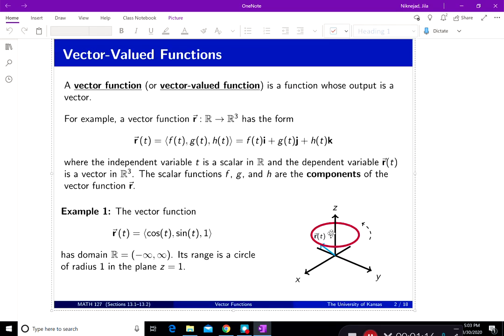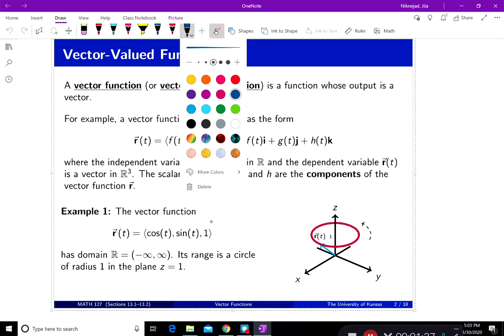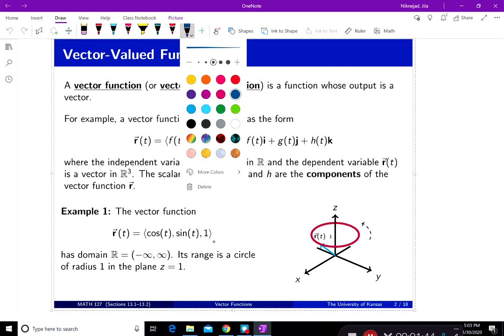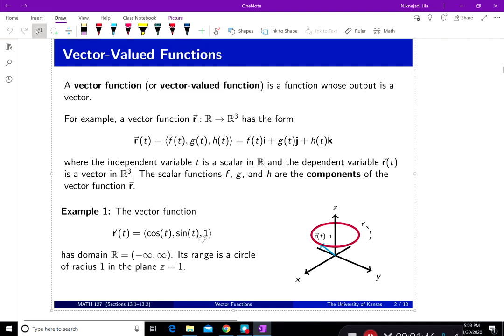Now, let's give an example. Example 1: r of t is equal to cosine t, sine t, and 1. What is this? Well, if I was going to just ignore the third component in here, I would have basically only sine of t and cosine of t.